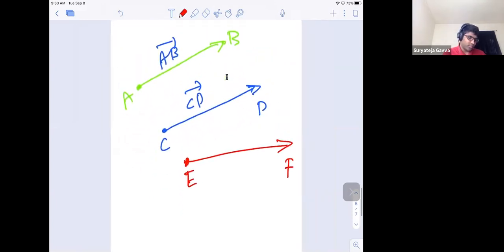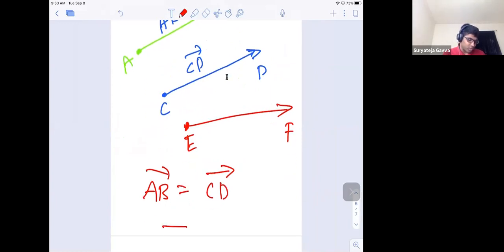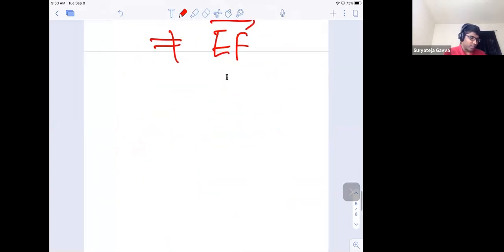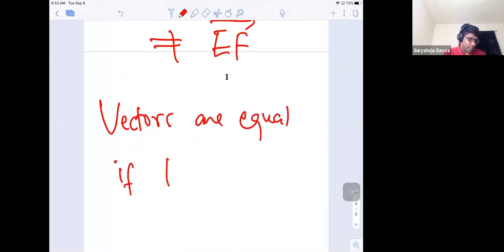AB and this one have the same length and direction, so they are equal, but that's not equal to EF. EF has a completely different direction. Maybe the length is the same, but the directions are different. So vectors are equal if length and direction match.